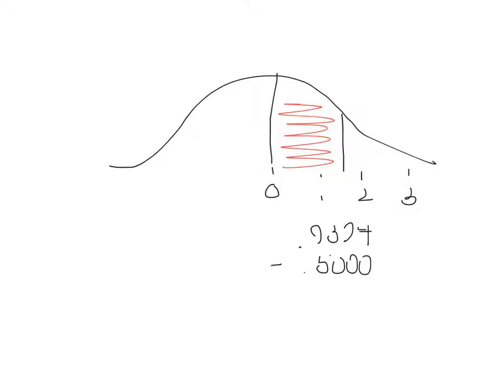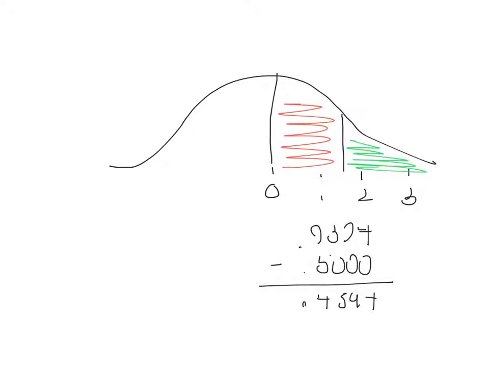And again, we're finding these in our table of standard normal probabilities. Whenever we want the area between, we subtract the bigger area minus the smaller area. So in this case, we get an area in between equal to 0.4394.